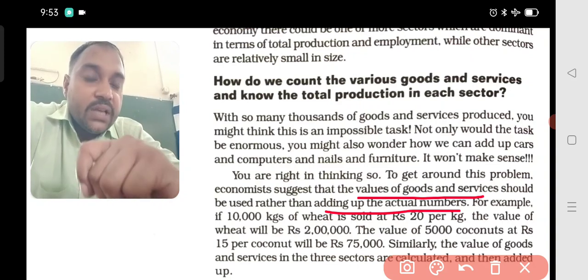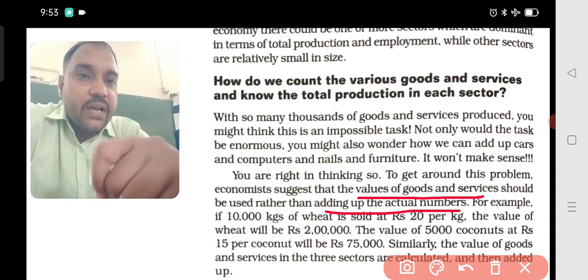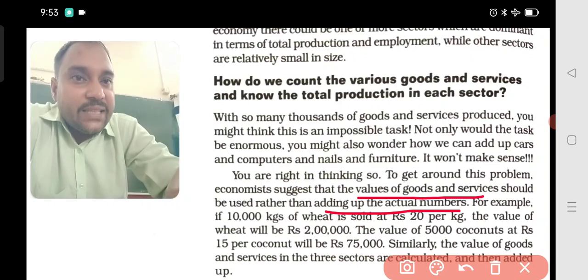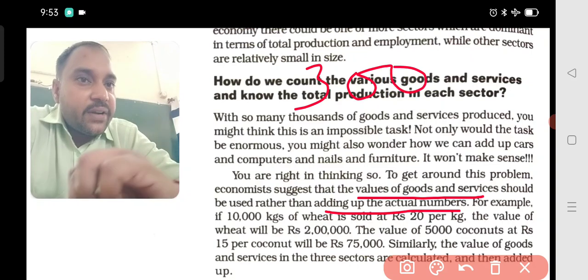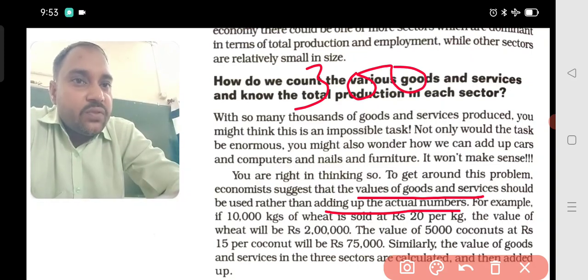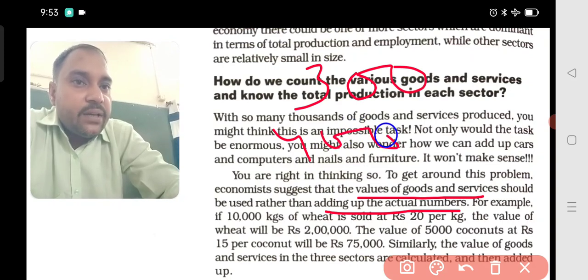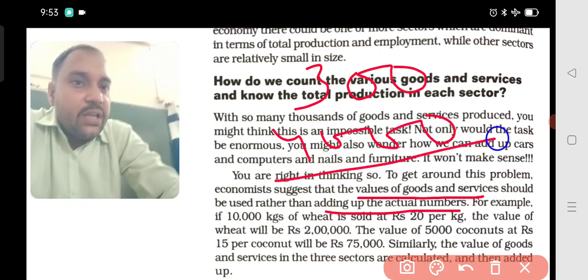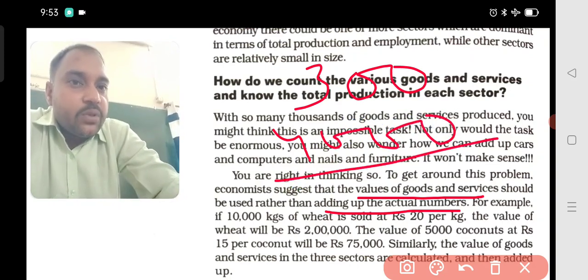Let's suppose we produce 5 kg of sugar, let's accept that this 5 kg would be of rupees 300, and we produce 2 fans. The cost of these 2 fans was 4,000. Again, the total goods produced in the economy is 4,300.